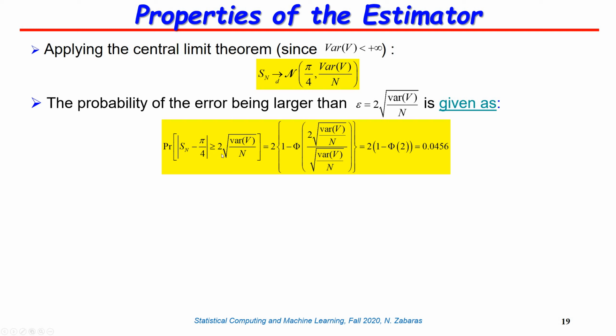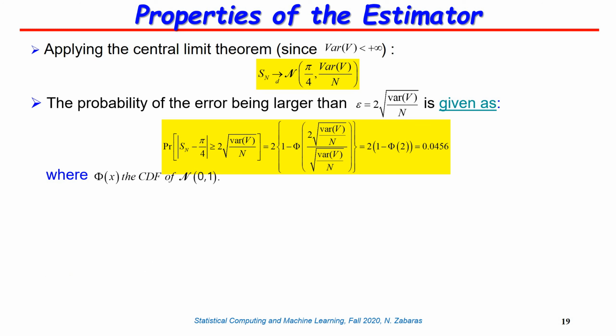So the probability that we will be 2 times the standard deviation away is 0.0456, and that is an exact number. And again, this is for our dart throwing experiment, and this is our estimator in essence of pi over 4.